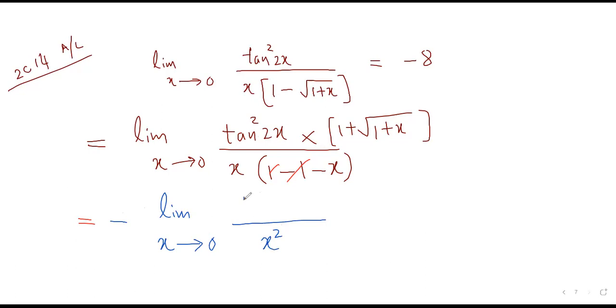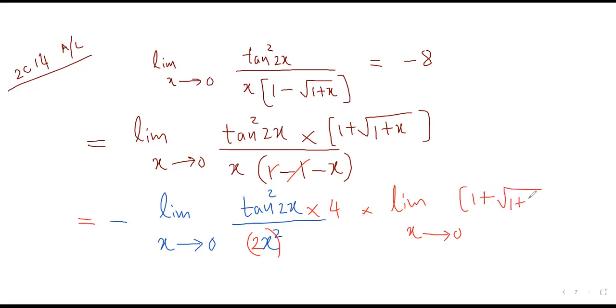Here it is tan squared 2x. Then you have to create a 2 here, so this has to be multiplied by 4, no? Into the limit of 1 plus square root of 1 plus x, like this.